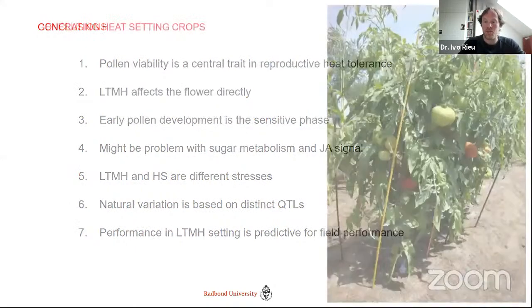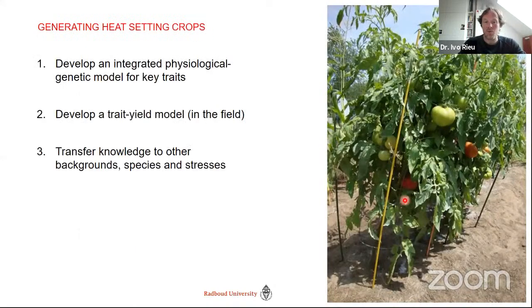Okay, so with that, we can quickly go through this. This is for the future. I hope to make a model out of all the physiological and genetic data that we're generating. So this is a long-term goal. I hope we can make good estimates for all the different traits and QTLs that we're finding, for how that affects yield in the field.